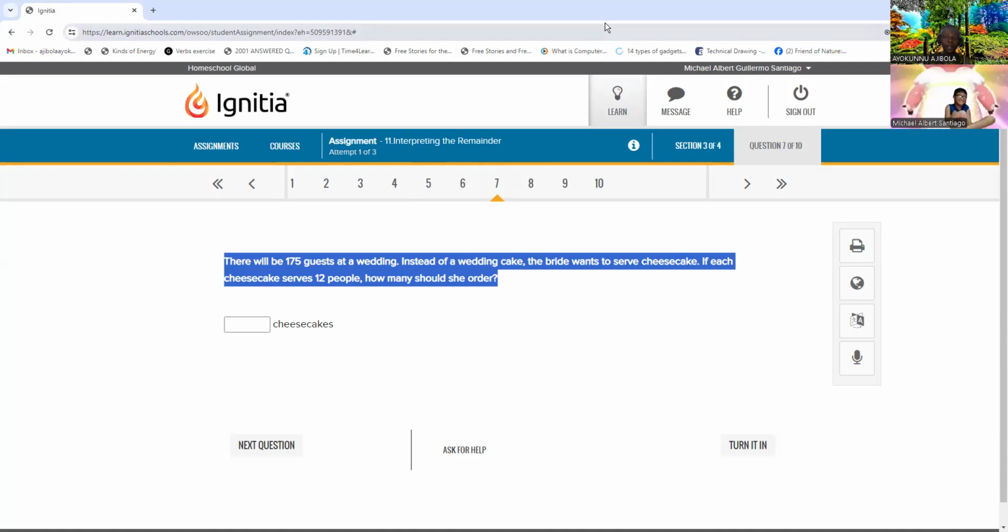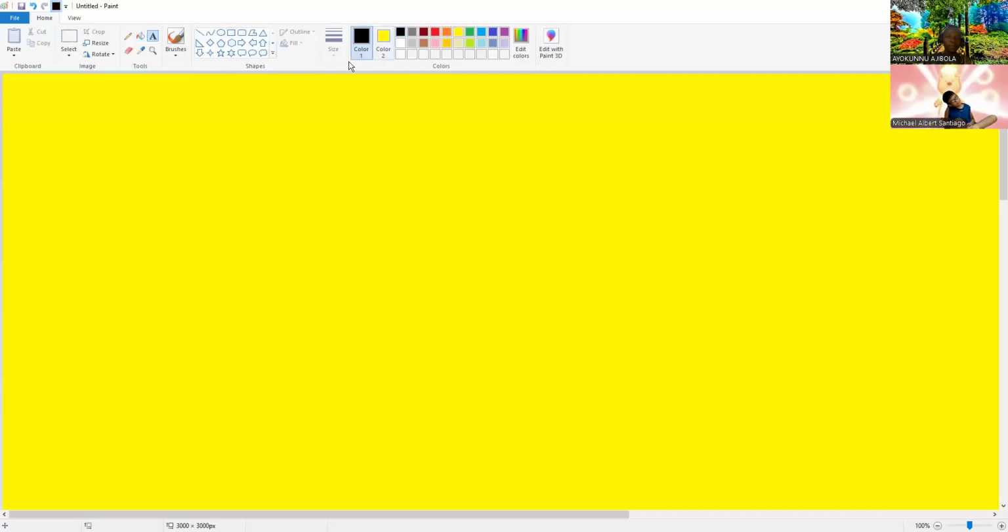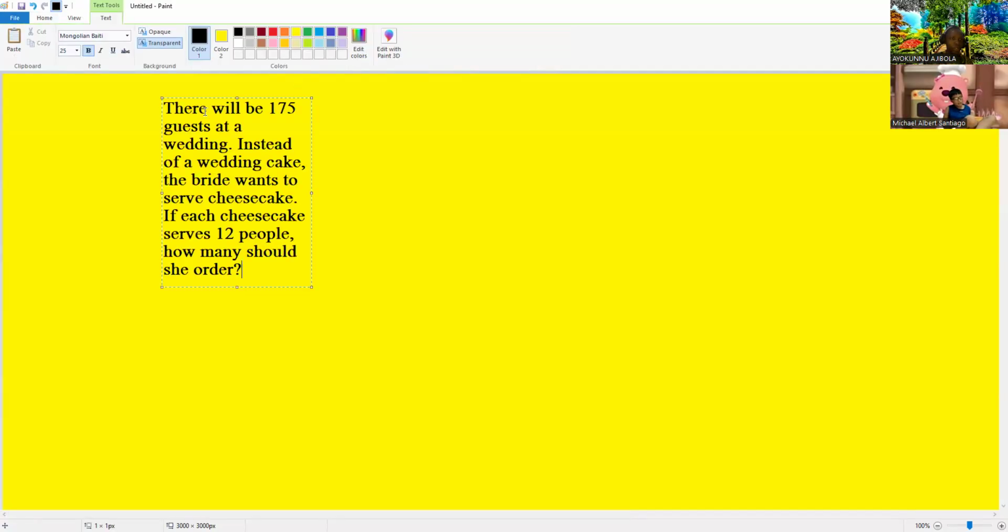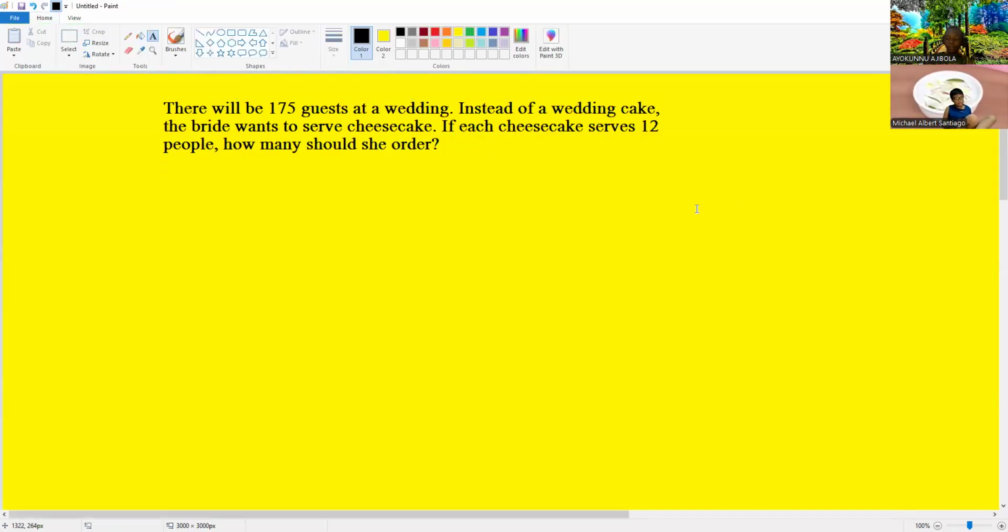Can you see the board now? Yes. Good. So let's check on the question. This is the question that we are trying to solve, and we want to divide 175 by 12.